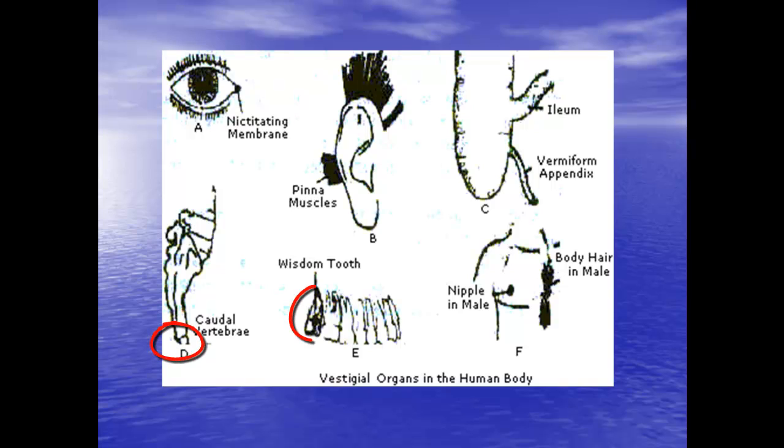You've got some caudal vertebrae known as your tailbone. We've got extra teeth that actually cause us some problems, called the wisdom teeth. And an appendix, which has no function at all, but is thought to have been, at some point in an ancestor, an extension of our digestive system when we needed more digestion of our food.